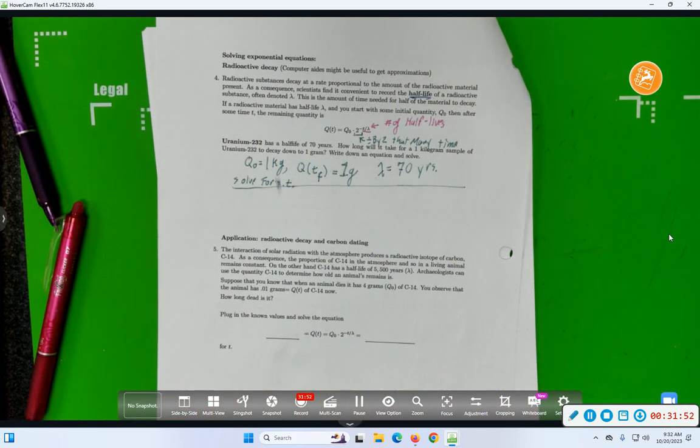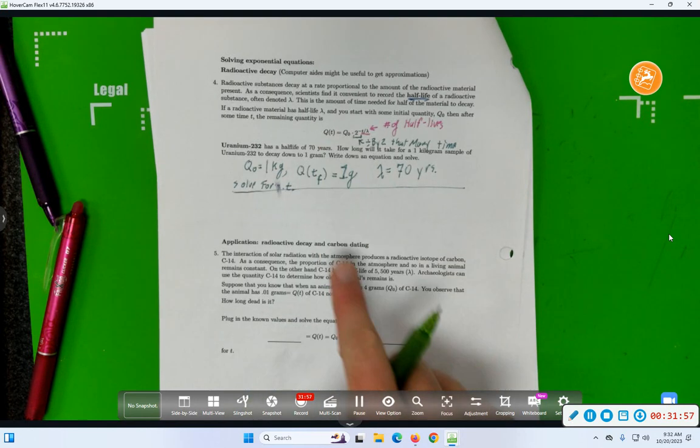All right, so let's write down the equation that we get.